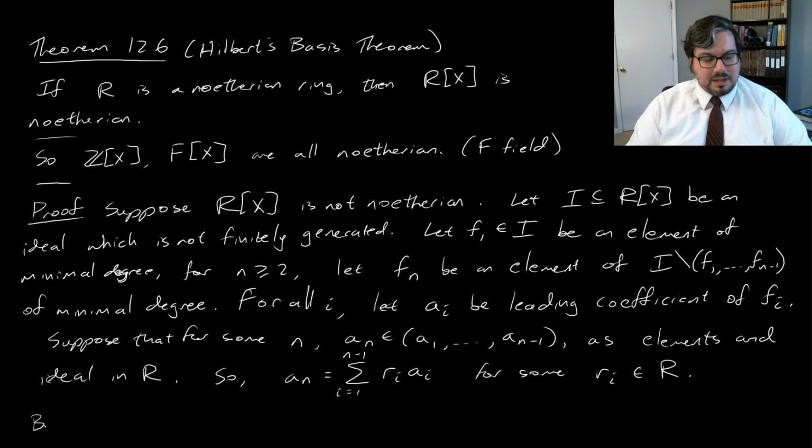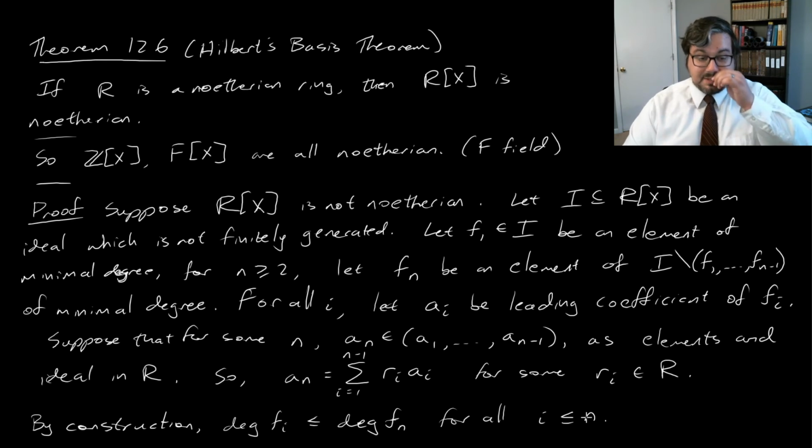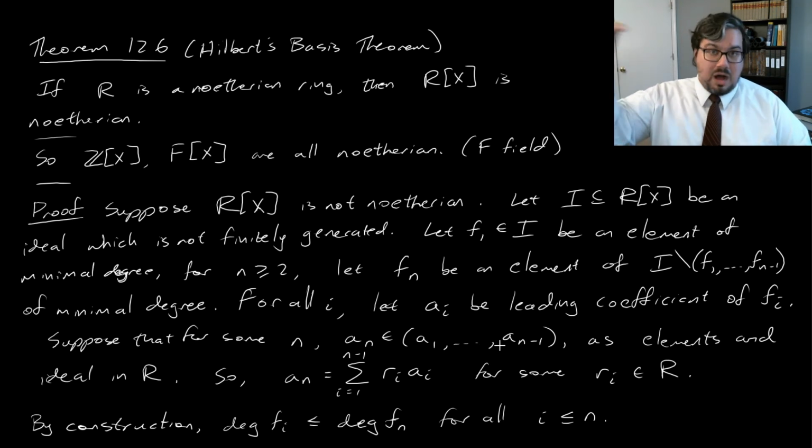Now, by construction, we have that the degree of Fi is less than or equal to the degree of Fn for all i less than or equal to n. And this is because at every step of choosing the F's, we chose an element of minimal degree, which means that as we choose later and later F's, the degree of the F's that we choose can only go up.